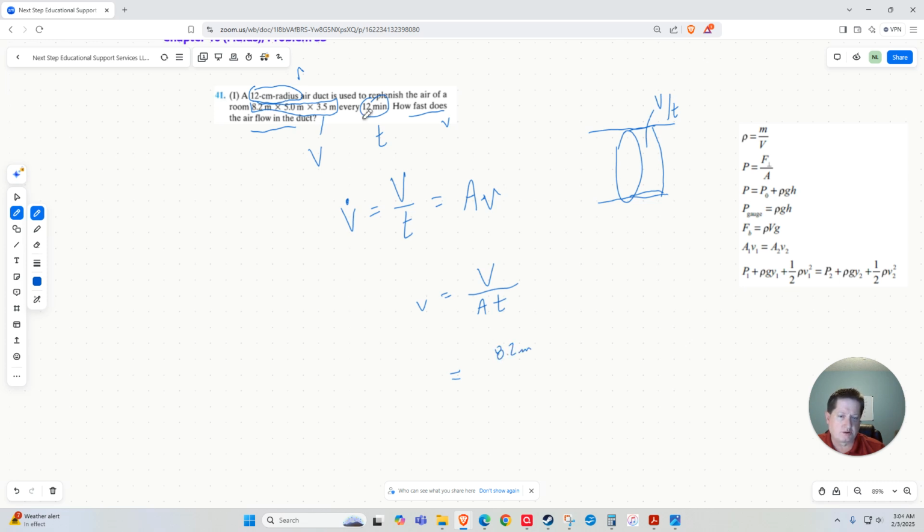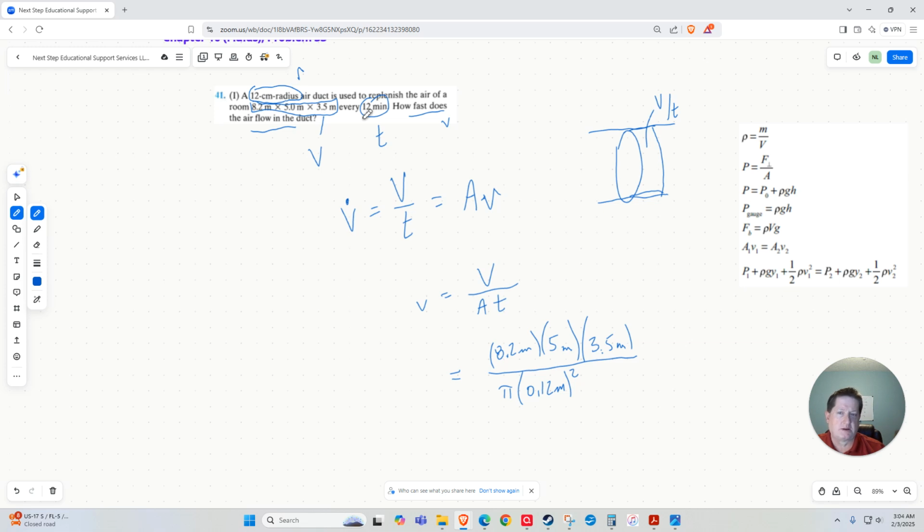That's 8.2 meters times the 5 meters times the 3.5 meters. I'm going to divide that all by the area, which is pi radius squared. Radius in this case is 0.12 meters, converting that on the fly. That is squared. And multiply by the time.